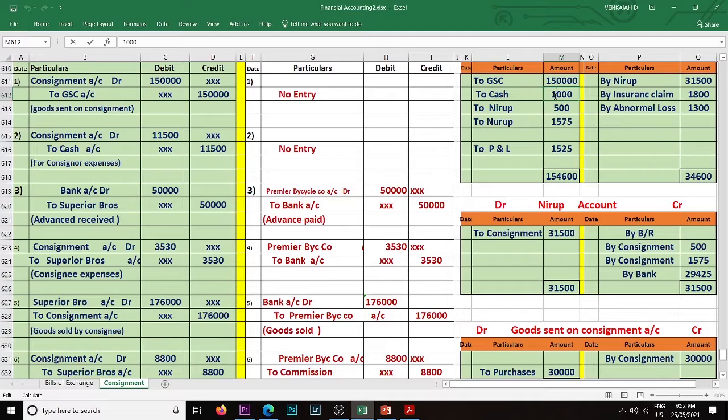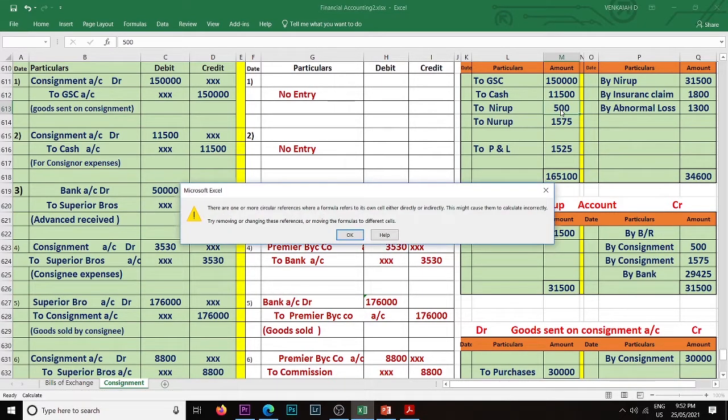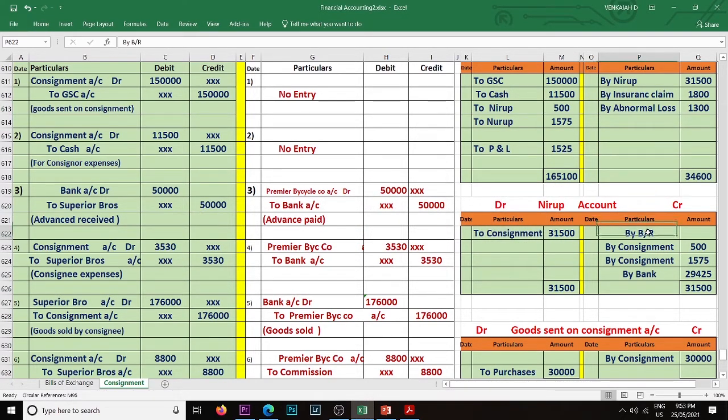Consignor expenses as per second entry, consignment account related to cash account 11,500. As per advance by bank account related to Superior Brothers 50,000. Third journal entry. Consignee name, we have to change the consignee name to Superior Brothers.